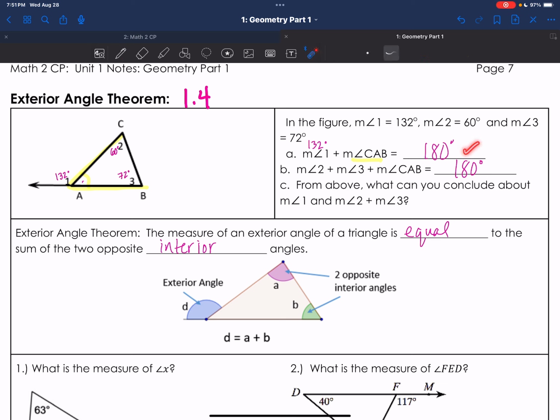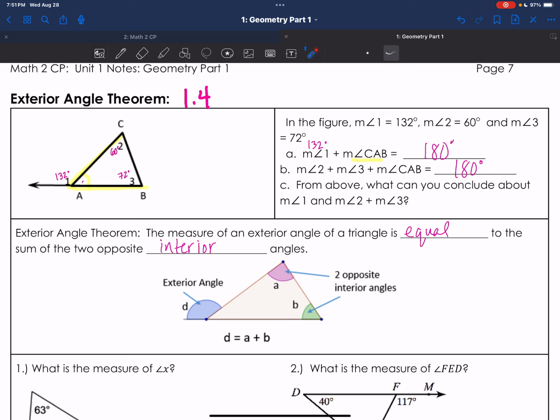they're both 180 degrees. So you could figure out this guy by going 180 minus 132 because it forms a straight line. Or you can find it this way by doing the three angles together, which will equal 180.